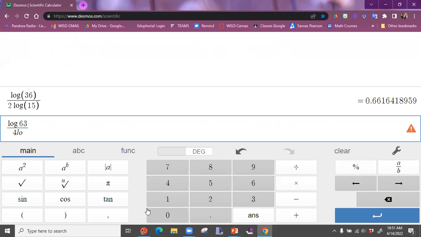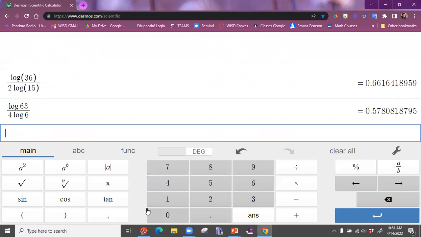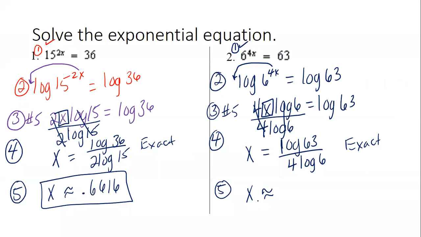Did I write that correctly? Hit enter. If I round to the nearest 10,000th, that 8 is going to turn the 0 into a 1, right? Agreed? Okay. So then we end up with 0.5781, and that's our approximate value.